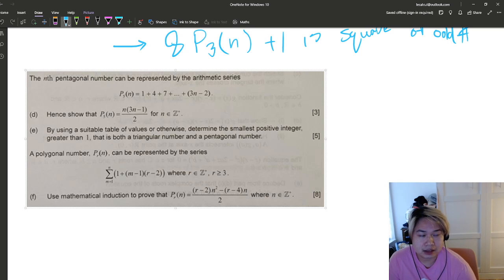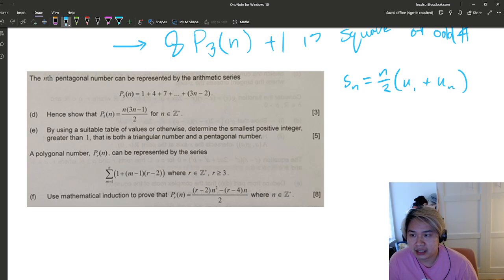Because it's a series, I think we're going to use the arithmetic series formula to show that this is going to become this.